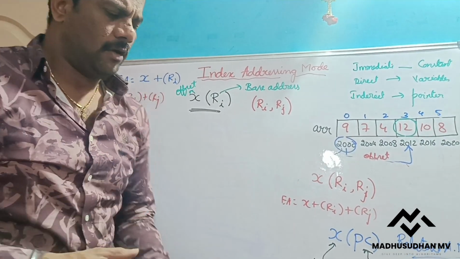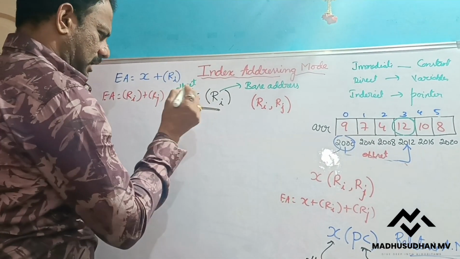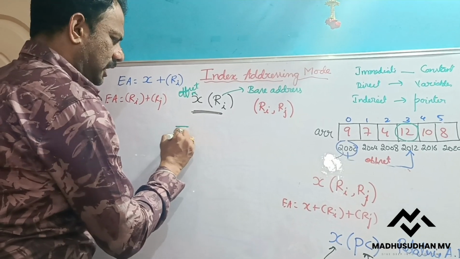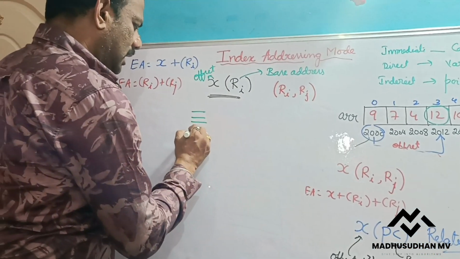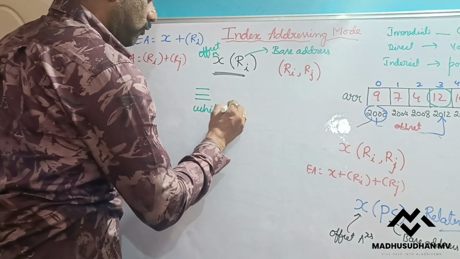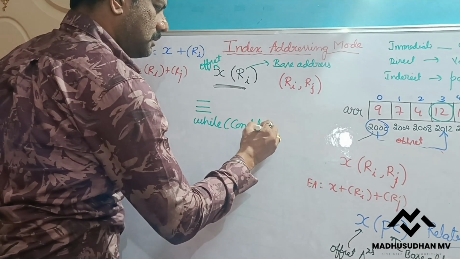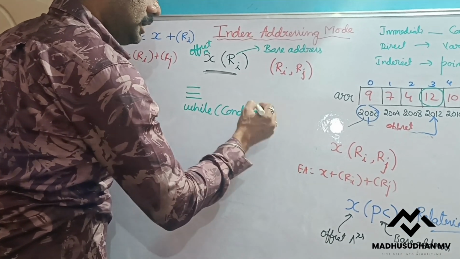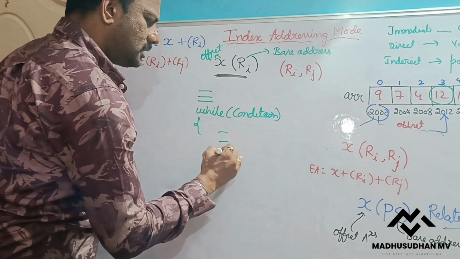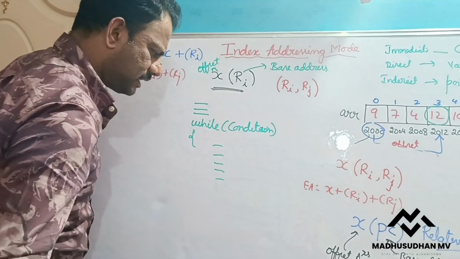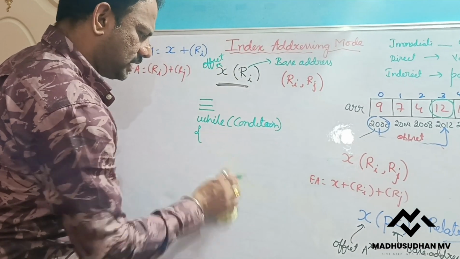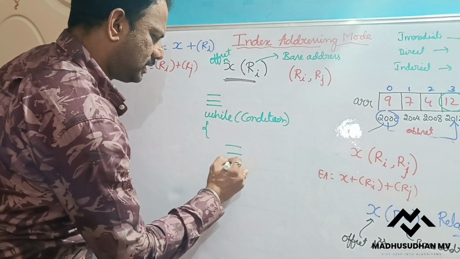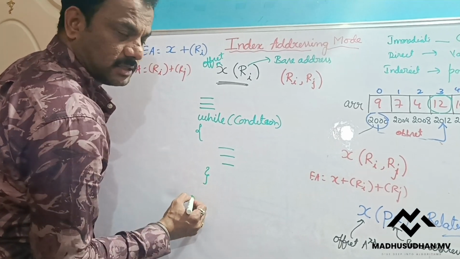For example, I have written some random statements. Then I check some condition in a while statement, and within the while statement I do some operations. Let us take only 3 operations.